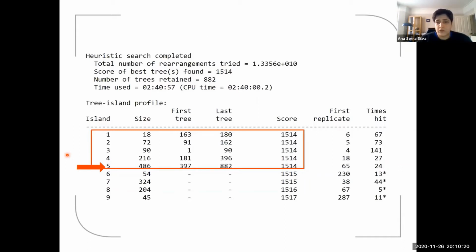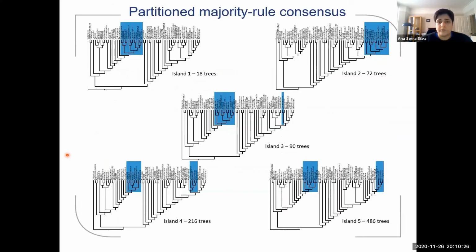Perhaps the most obvious way of trying to minimize this bias is to do a partition by island consensus. We used a majority rule, and we found that each island corresponds roughly to one distinct topology.